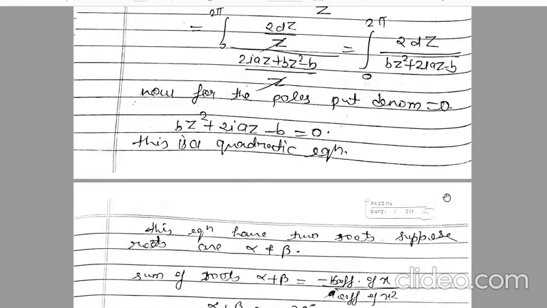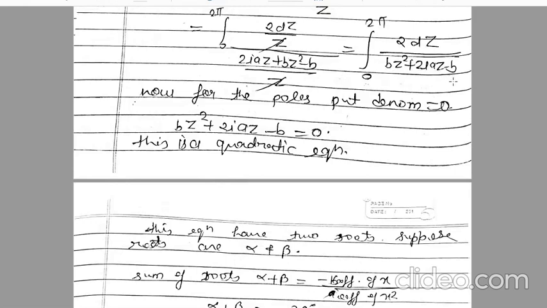Residue of f(z) at z is equal to alpha: limit z tends to alpha, z minus alpha into 2 upon (z minus alpha)(z minus beta). Where is this coming from? We need to calculate our f(z), and our f(z) is 2 upon bz square plus 2iaz minus b, right?